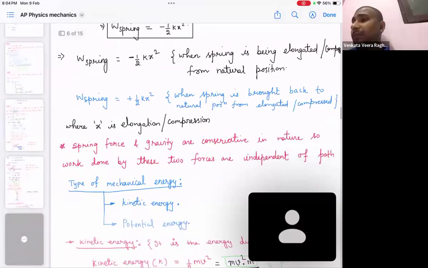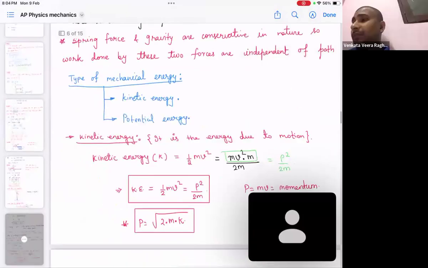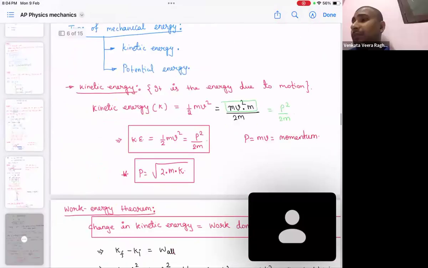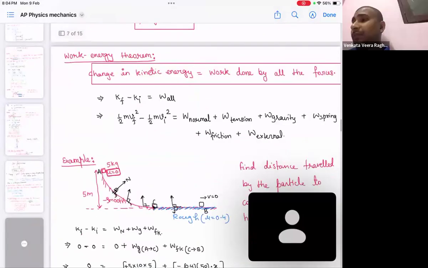Now, if conservative and non-conservative forces both are doing the work, then in that case we should apply the work energy theorem. The work energy theorem is applicable everywhere, irrespective of the nature of the force.